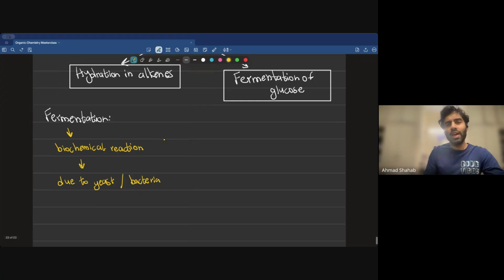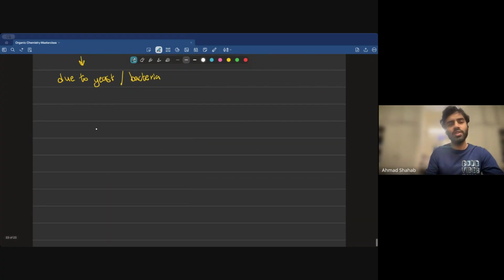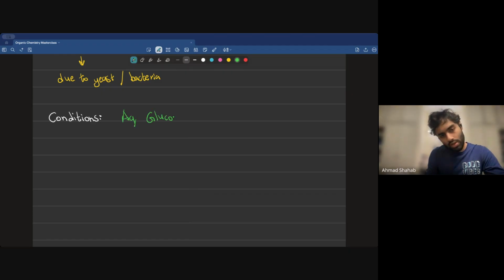All right. So we have certain conditions for this reaction to take place. Again, these are the conditions you need to remember, just like the conditions for earlier reactions. That is something you can be actively asked to mention in your examination. So the first condition is that we will use a reagent, and that reagent could be aqueous glucose, right?